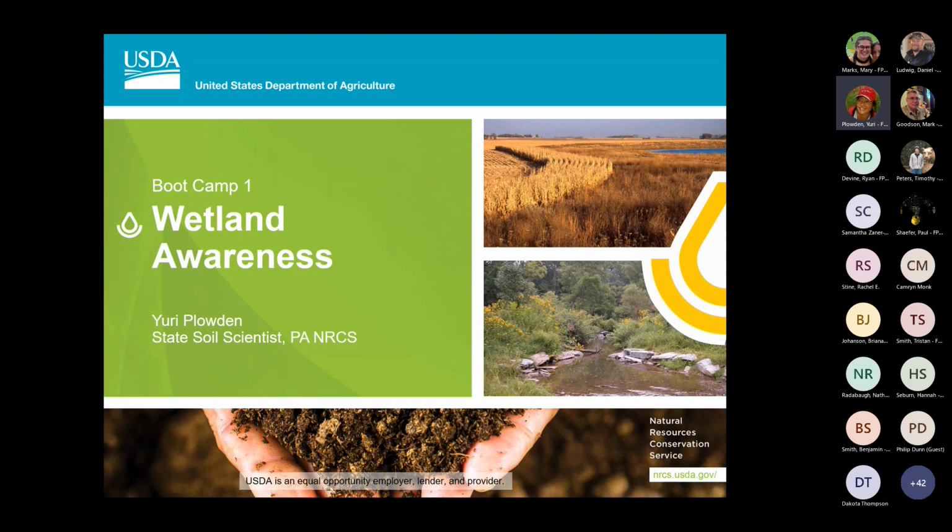So your job as the planner is to have enough knowledge to be aware that a wetland might be present. You may not be able to be 100% sure that it's a wetland, but at least after this presentation, you should be able to look at an area and say something's different, maybe something's going on, we need to pay attention.